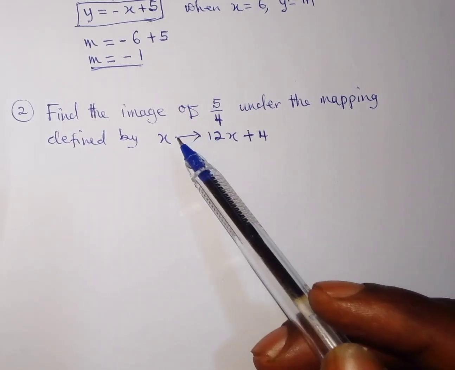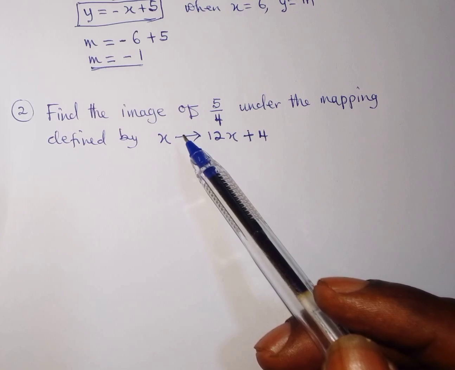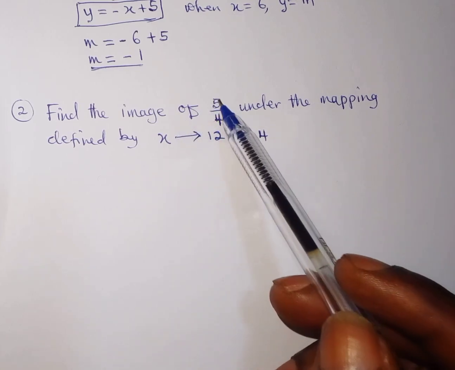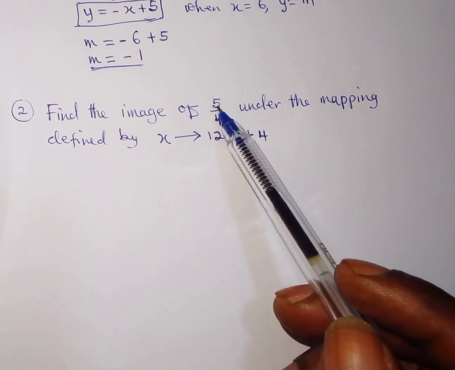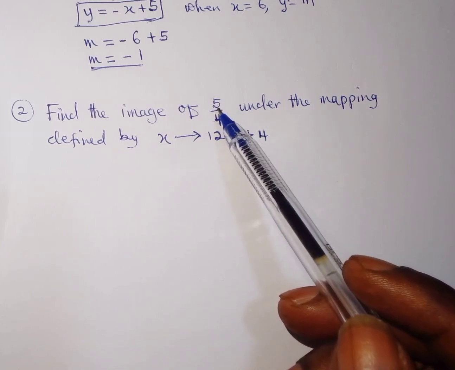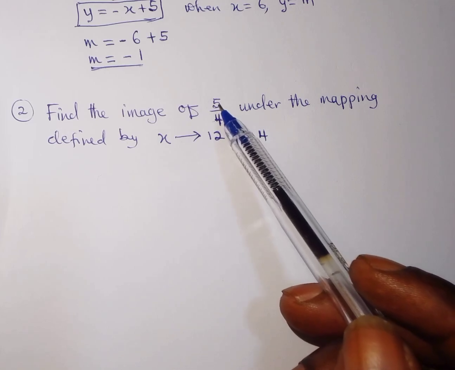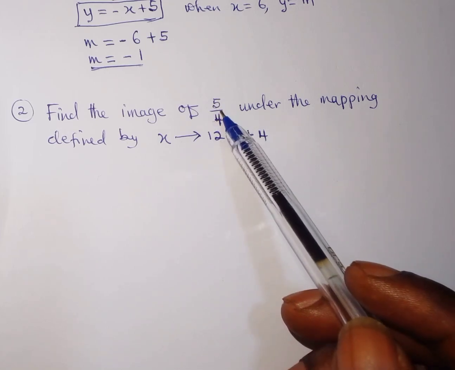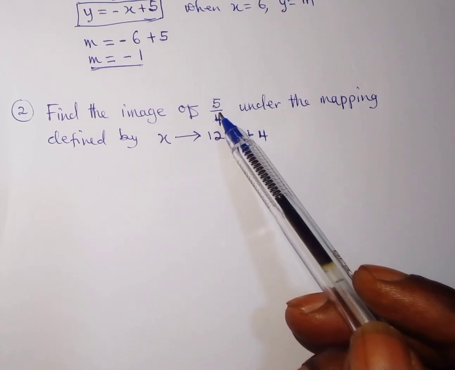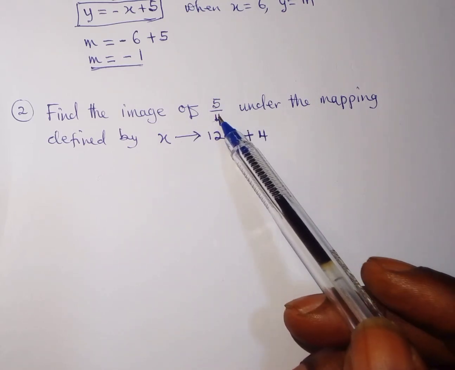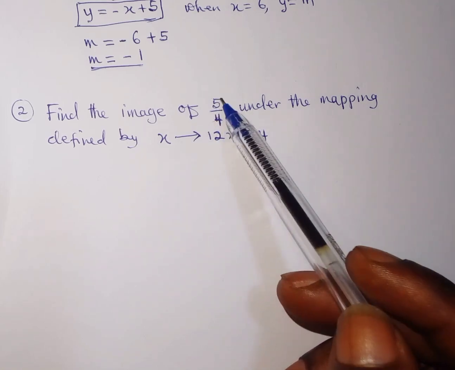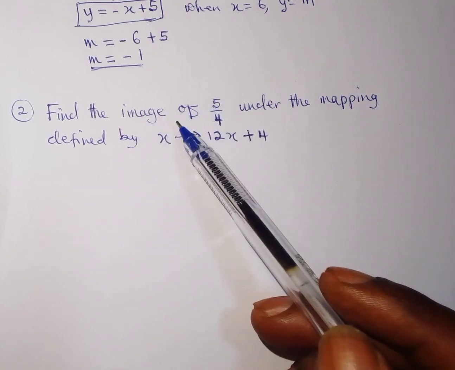So in this question, looking at this one, you know that this element here represents the x values, which is the domain. This is a domain, and we are looking for its corresponding y value in the codomain, which is the range. So we are looking for its range, at the same time the image.